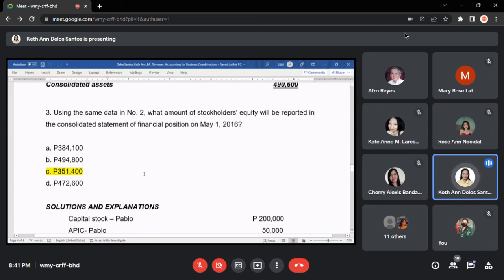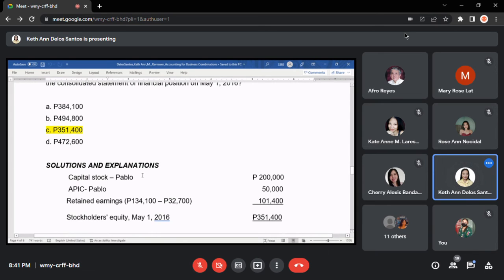Ito yung solution kung paano siya nakuha. Stock capital of Pablo is 200,000 pesos. APIC of Pablo is 50,000 pesos. Retained earnings 134,100 pesos minus 32,700.